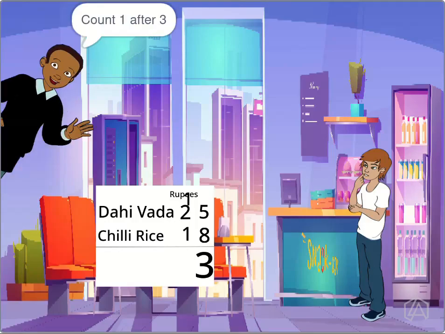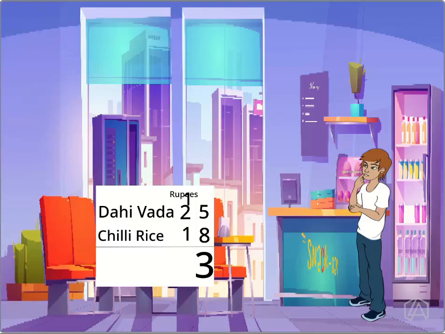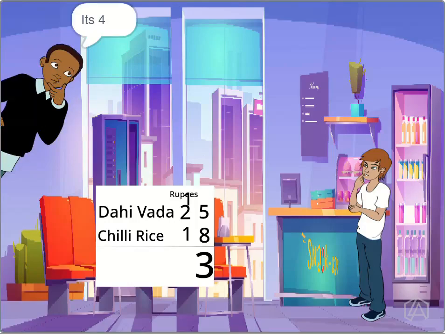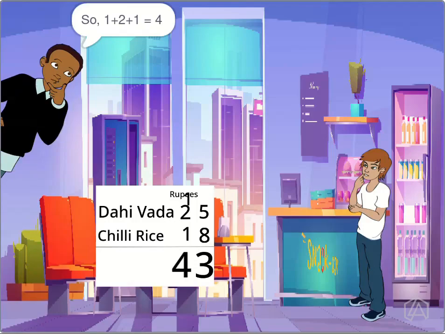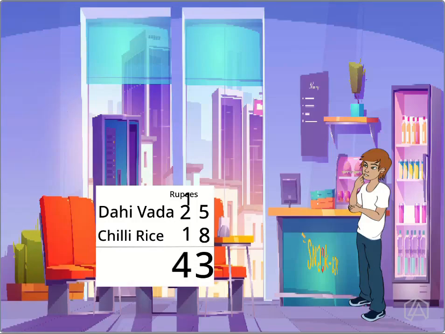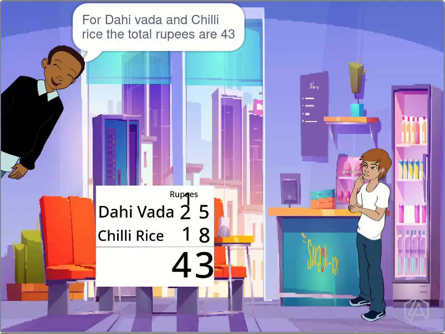Count 1 after 3. It's 4. So 1 plus 2 plus 1 is equal to 4. For dahi vada and chili rice, the total rupees are 43.